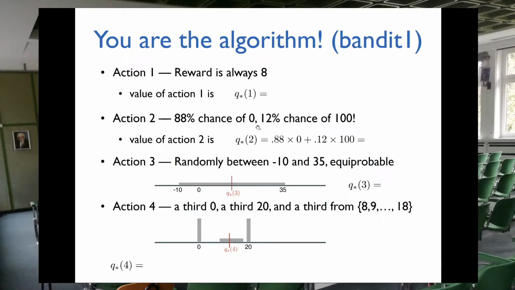If we were to calculate the most probable reward, we just need to apply probabilities to calculate the expected value for action 2. Action 3 gives you rewards randomly generated between -10 and 35, and this is equiprobable.